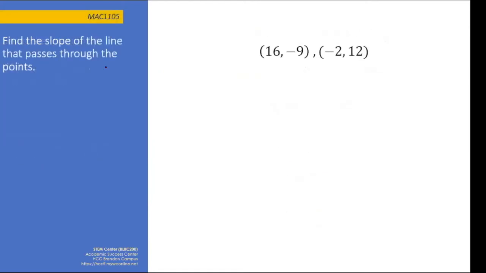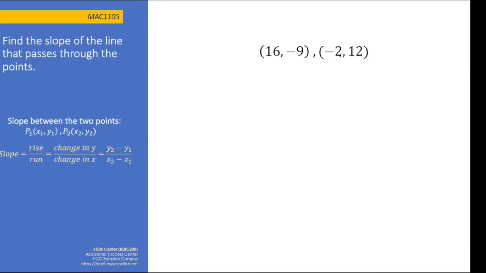Find the slope of the line that passes through the points. So here we have 2 points where it's x, y, of xy form, and we want to find the slope of a line. If we connected these 2 points, what would the slope of that line be?